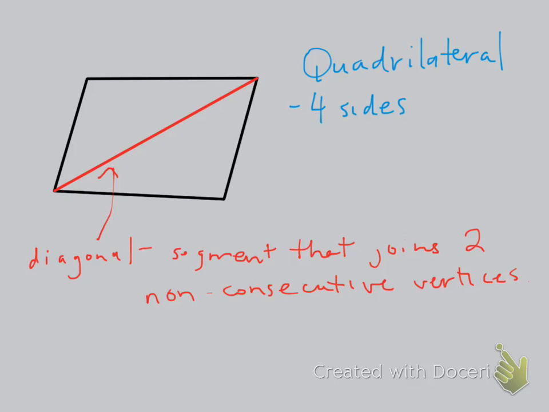Okay? That's what a diagonal is. So if you notice that there, what do you notice when you draw that diagonal? What do you now have? Well, now you have 2 triangles.